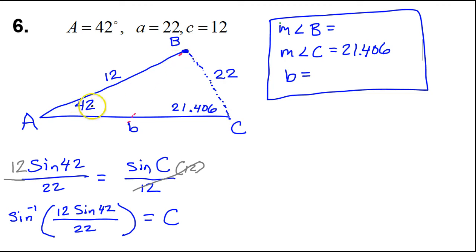So I'm just going to take 180 minus 42 minus 21.406, and that should give me the measure of angle B. So I got 116.594. Okay, that just leaves side B that I need to find.